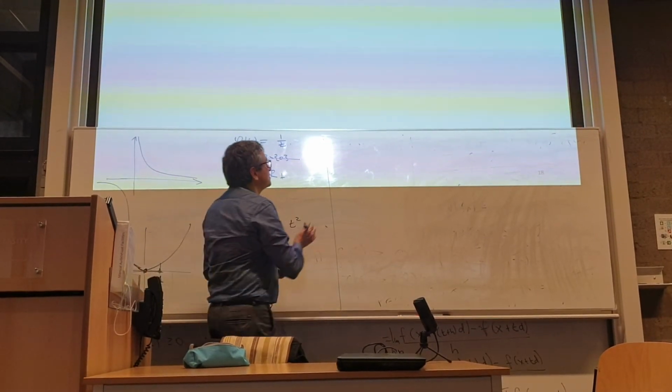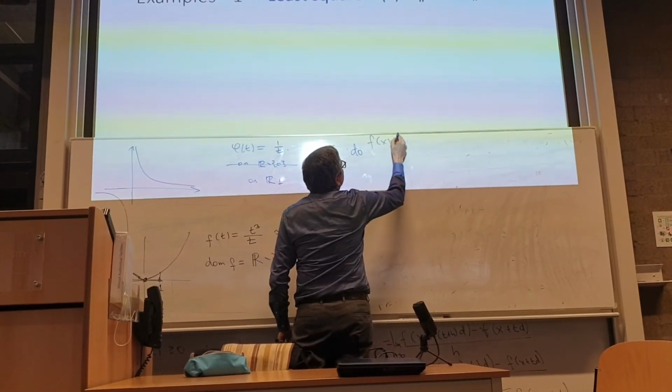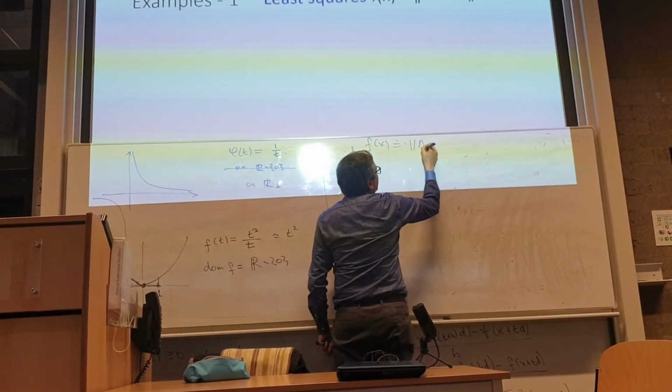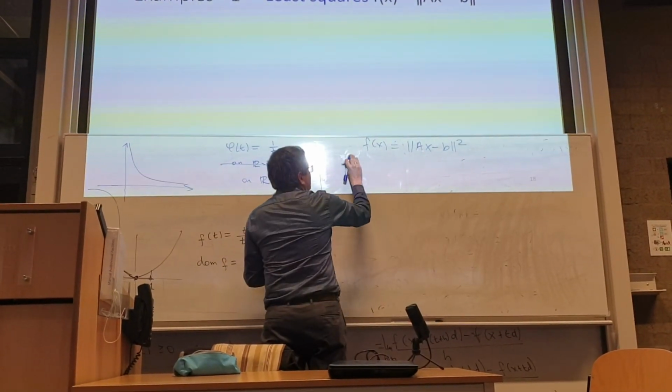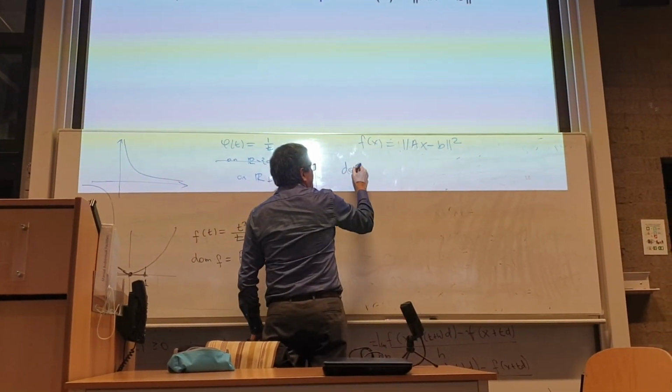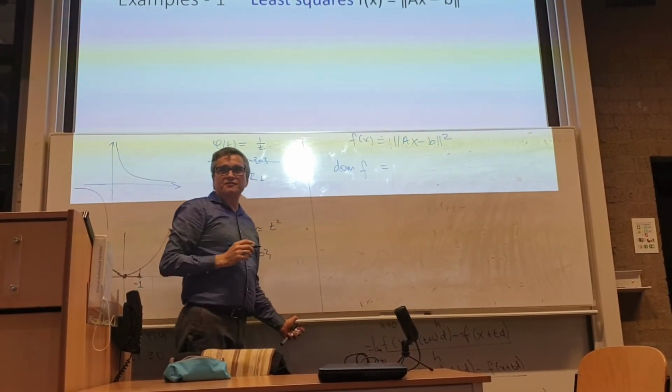And then, okay, we want to do this one. So what is the domain of the function? So let me write here, f of x is equal to norm of Ax minus b squared. What is the domain of f? So where is this function defined?